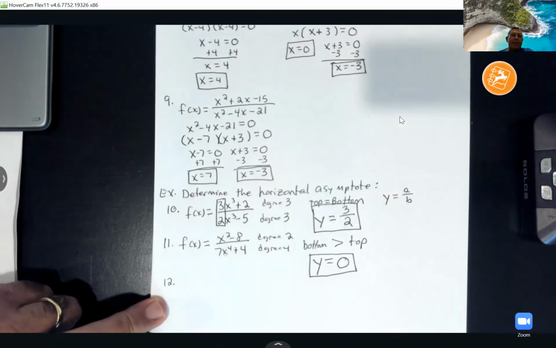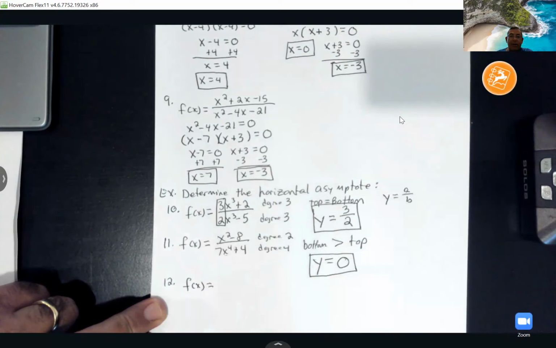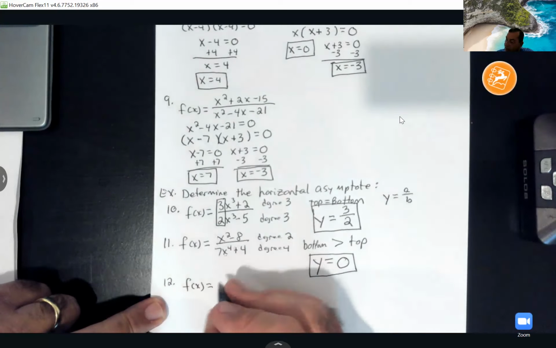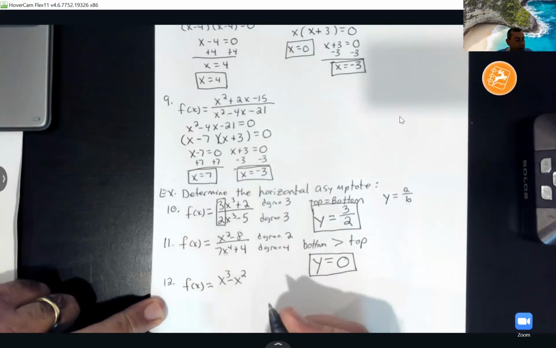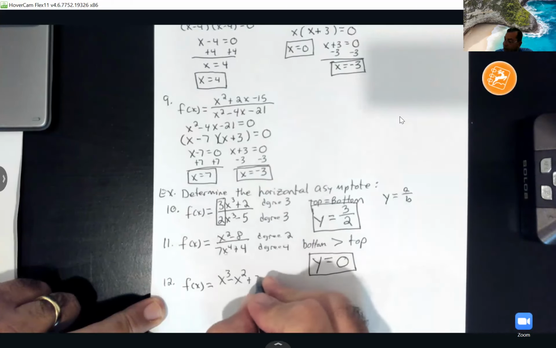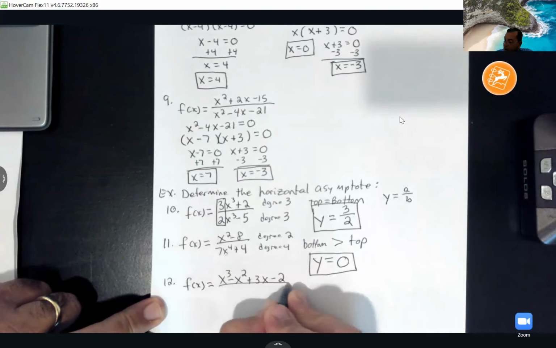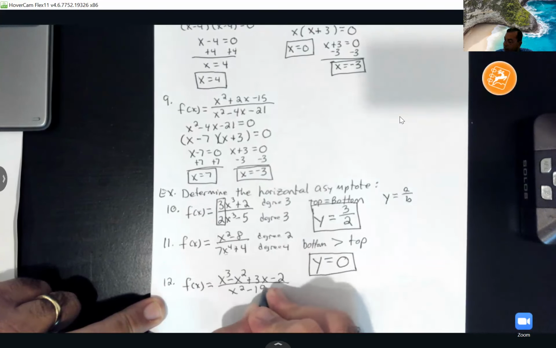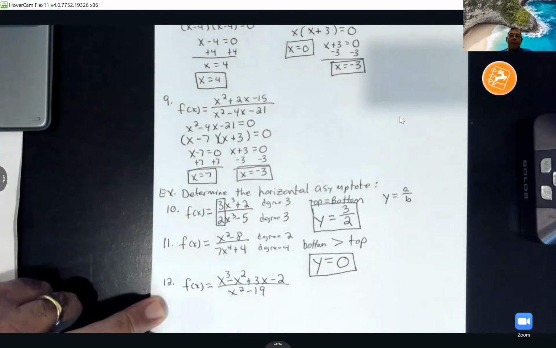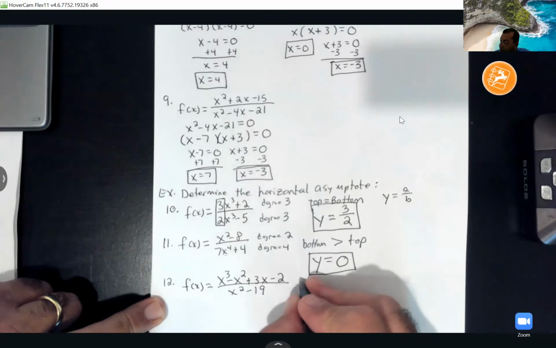All right, so one more for this section, and then we'll knock out 8.6. So f of x is going to equal x to the 3rd minus x squared plus 3x minus 2 all over x squared minus 19. So y'all look at this. The top is a degree 3.